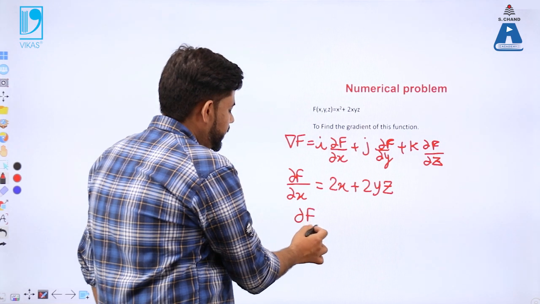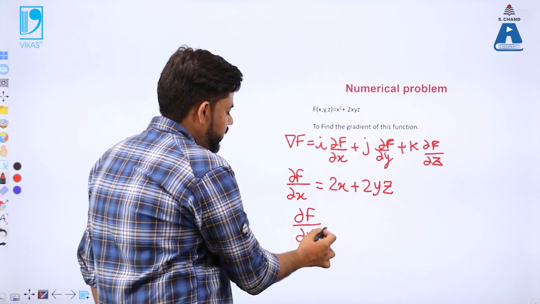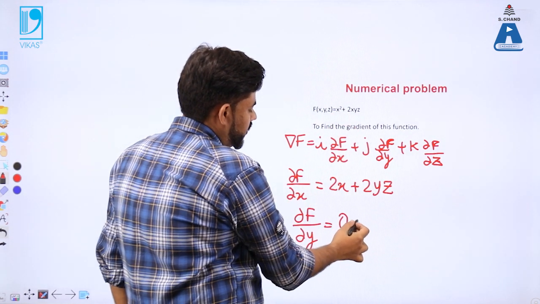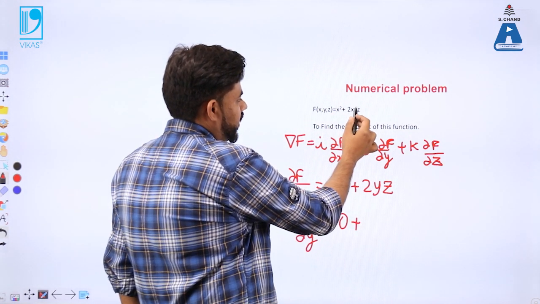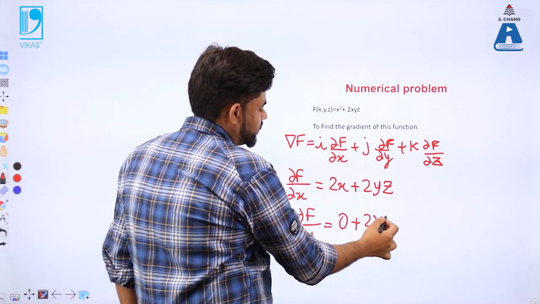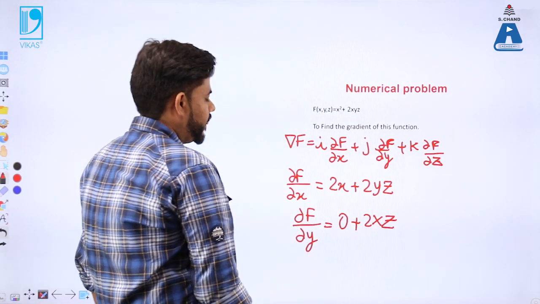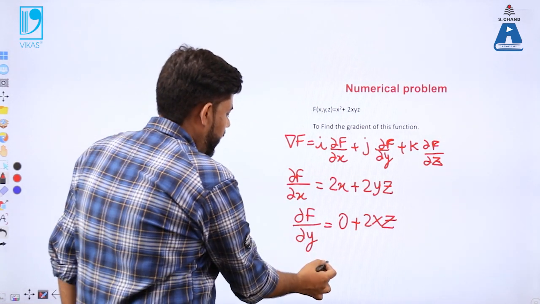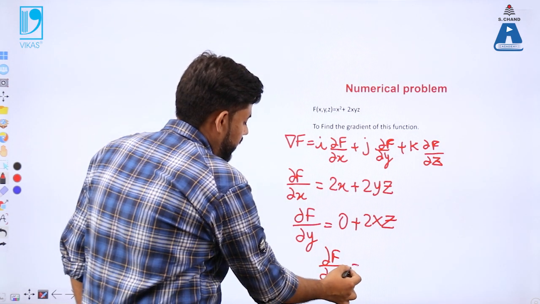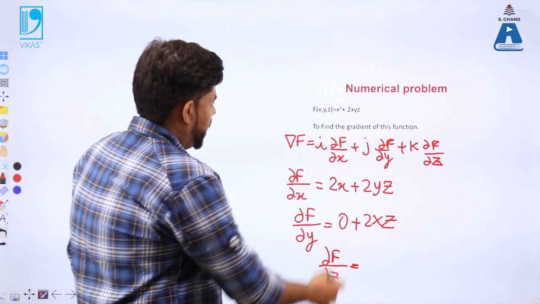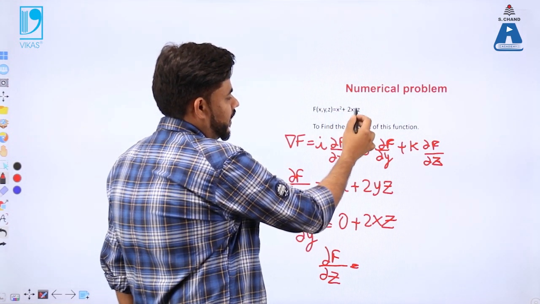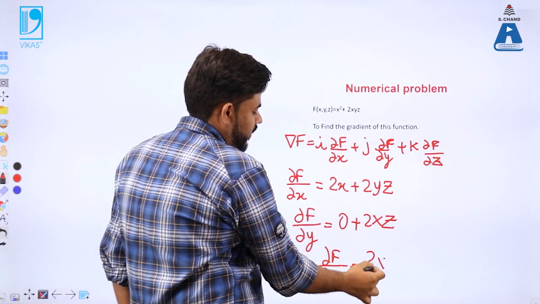Then we have the derivative of this function with respect to y. For this, x is a constant, so it becomes 0 plus 2xyz. Here y is a variable, so 2xz is df by dy. Then the derivative of f with respect to z, so df by dz. X square's derivative is 0 and 2xyz will have the derivative 2xy.